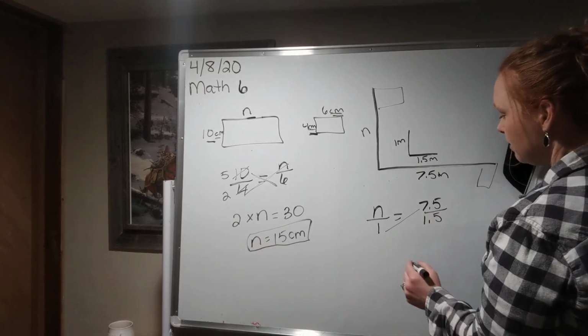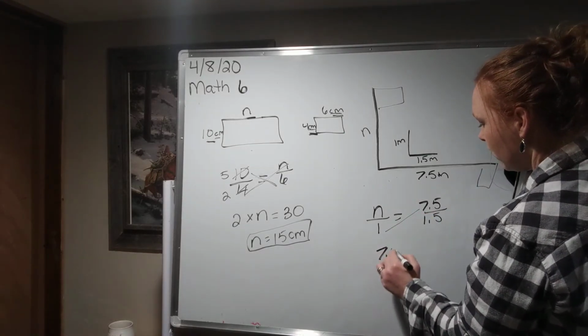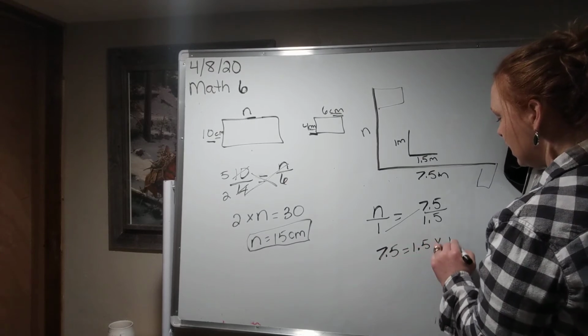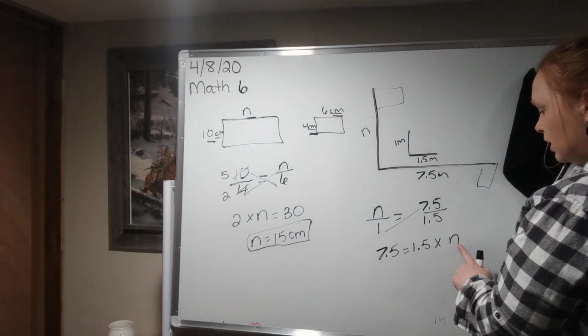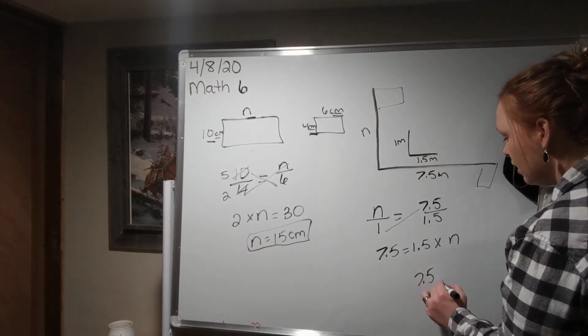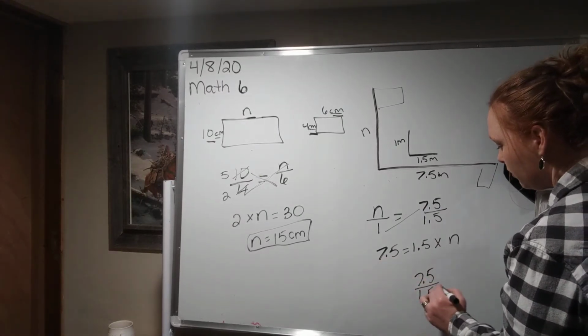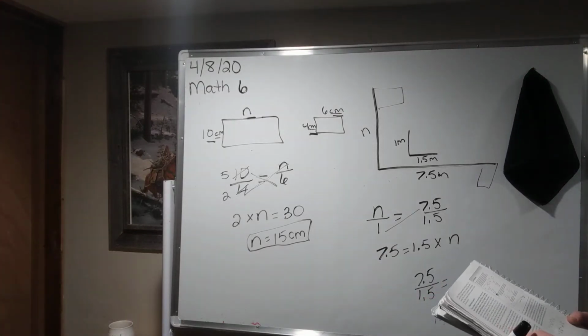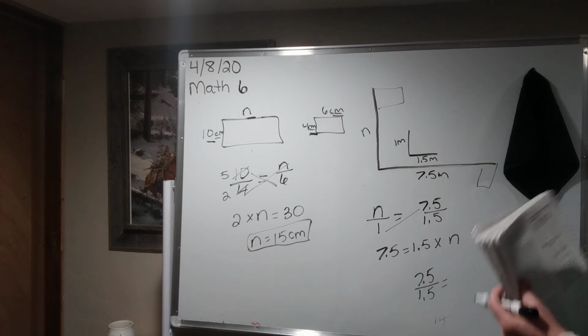We can say 1 times 7.5 is 7.5 equals 1.5 times n. What's the opposite of multiplication? Division. So we need to do 7.5 divided by 1.5. Okay? And we can do that calculation.